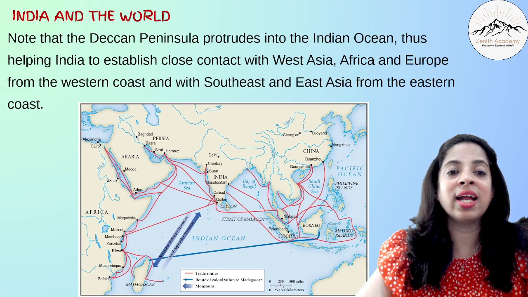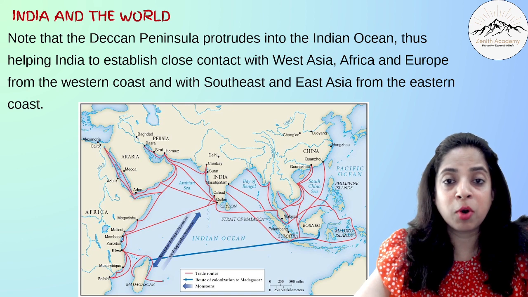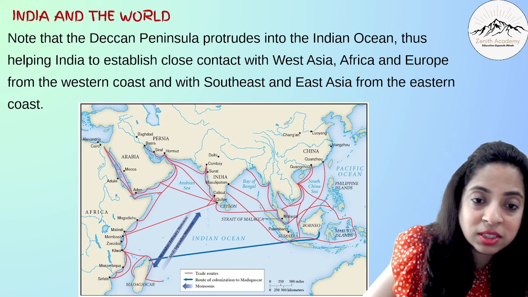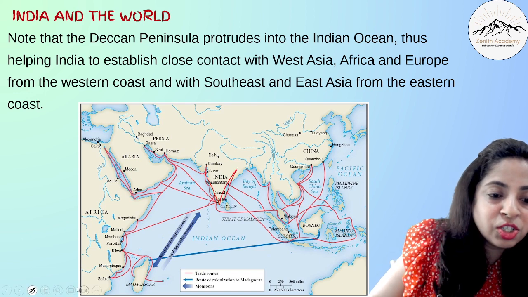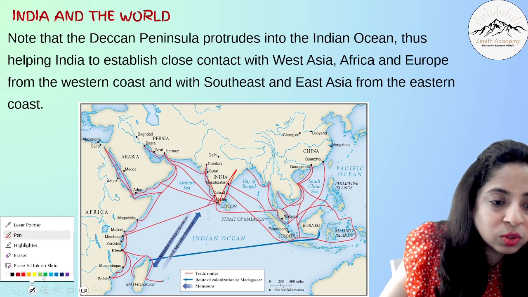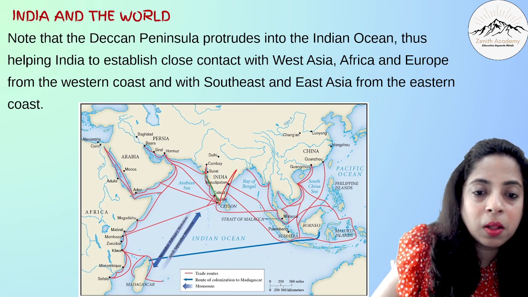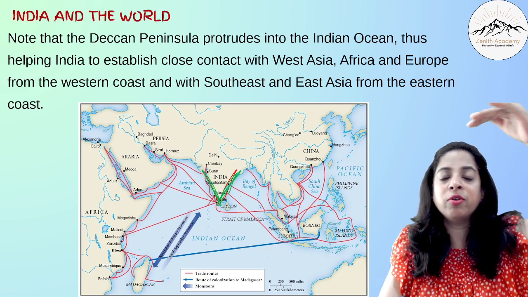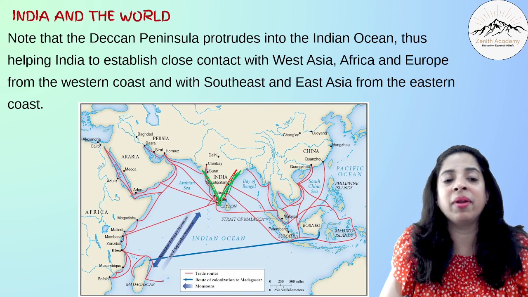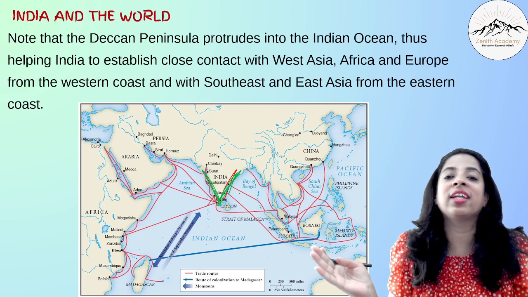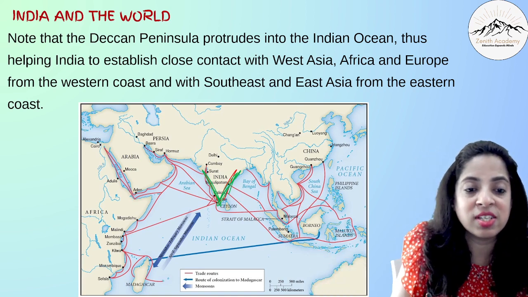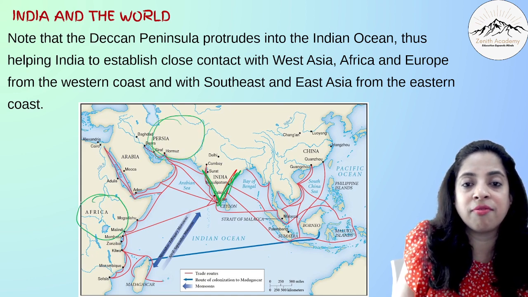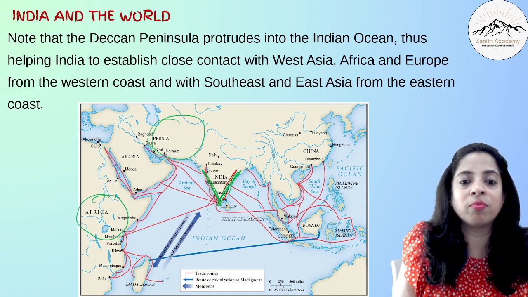Now, please note that the Deccan Peninsula protrudes into the Indian Ocean. See, this is the peninsula, this is the Deccan Peninsula. I'll change the color so that you understand this well. If you see, it protrudes into the Indian Ocean, thus helping India to establish close contact with West Asia, Africa, and Europe from the western coast.